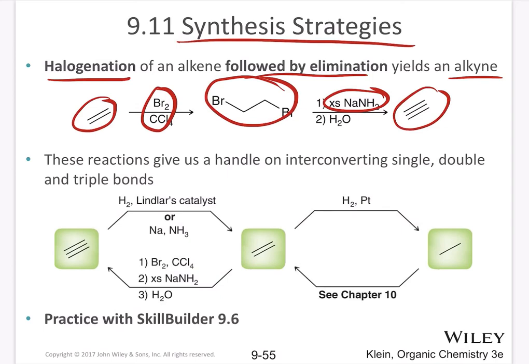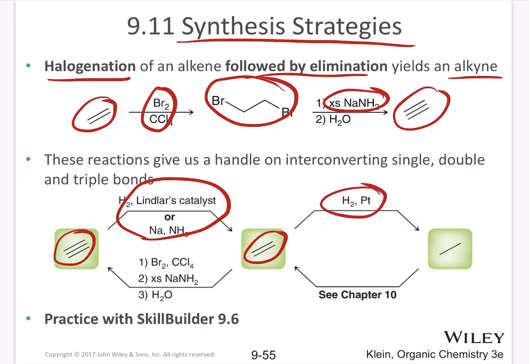In the same way, you can convert an alkyne into an alkene using a Lindlar catalyst, and then use catalytic hydrogenation to form an alkane. And again, to convert an alkene into an alkyne, we use halogenation followed by elimination.